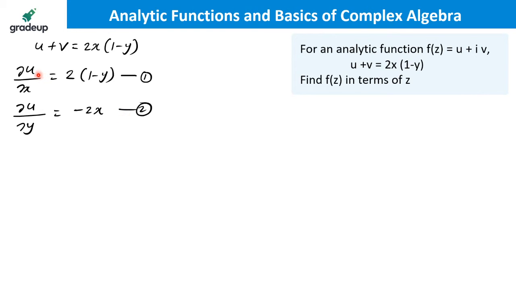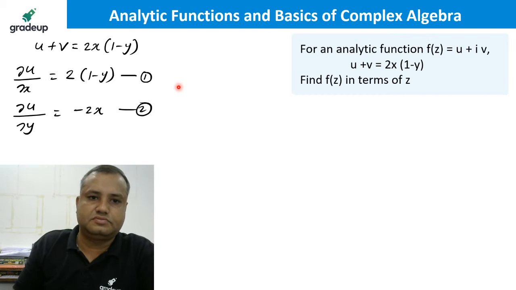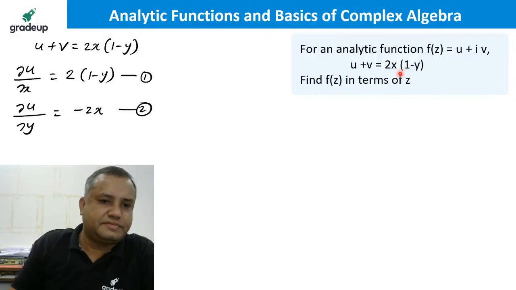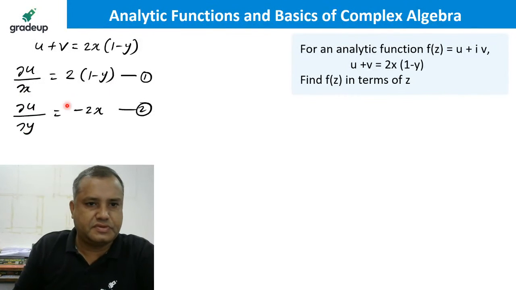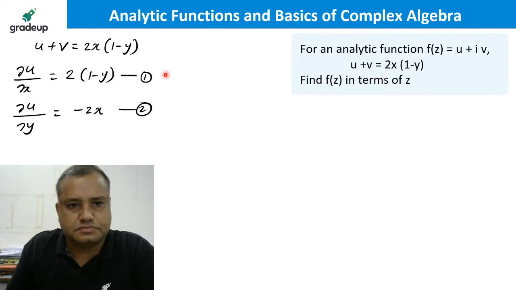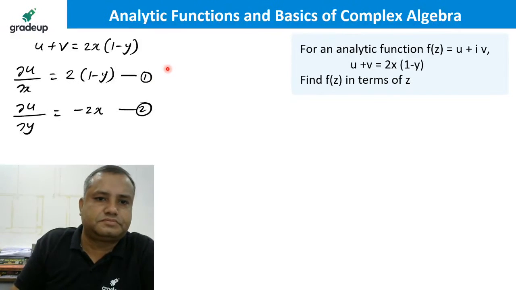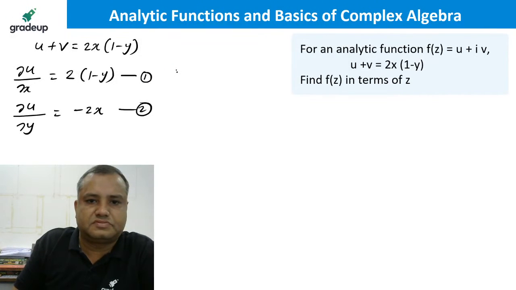You have got the value of del u by del x and del u by del y. u plus v is given, del u by del x is obtained, del u by del y is also obtained. Now find out del v by del x.